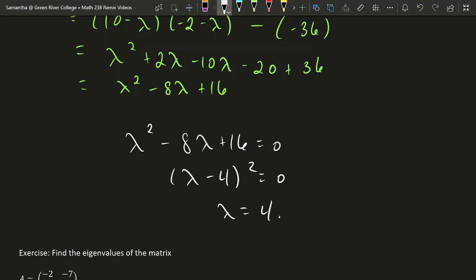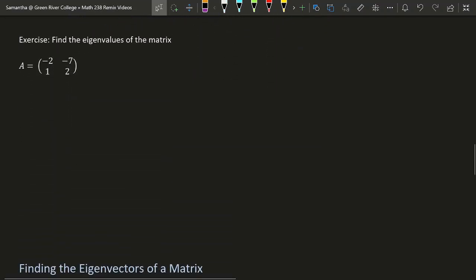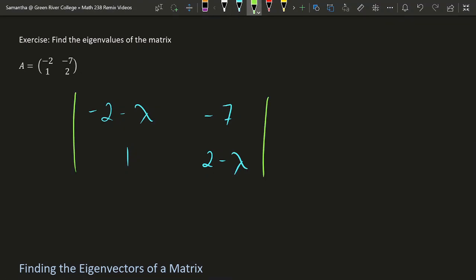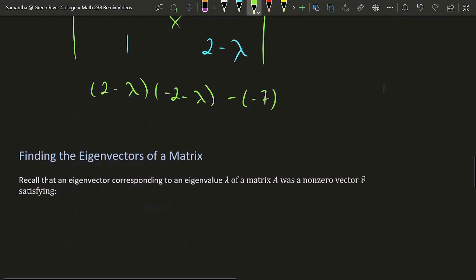And for a final exercise showing the process, let's find the eigenvalues of this matrix. For minus 2, negative 7, 1, 2, I start by subtracting lambda from the diagonal. Then I find the determinant of the result. So I get 2 minus lambda times minus 2 minus lambda. Take away the product on the off diagonal.